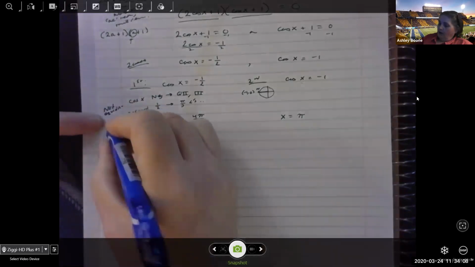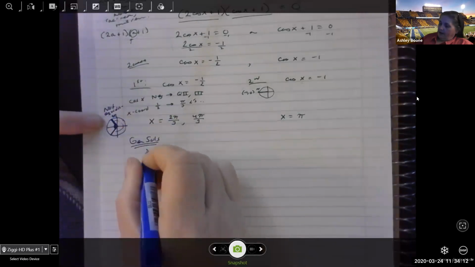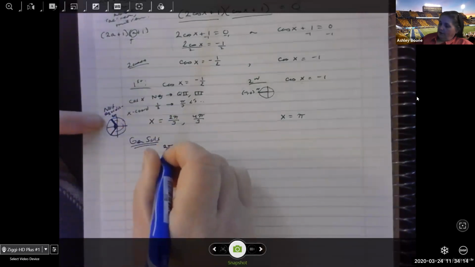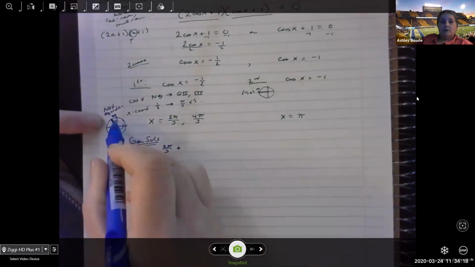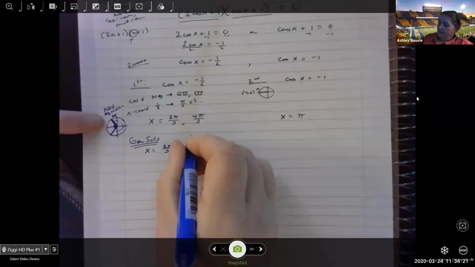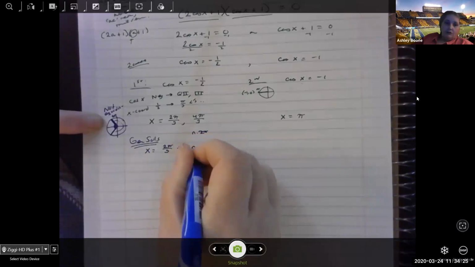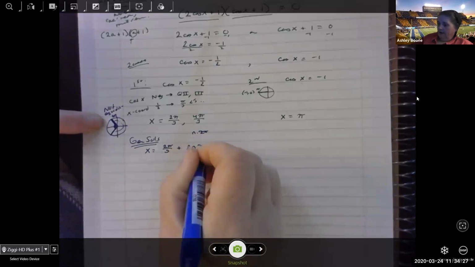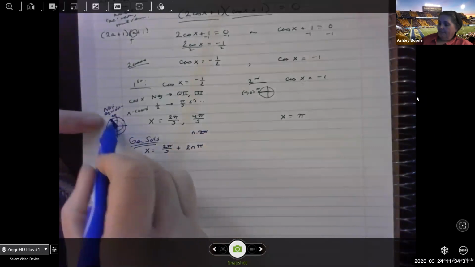I'm going to have the one for 2 pi over 3, so 2 pi over 3, and I can go up by any full revolution. That's a multiple of 2 pi. N times 2 pi or 2n pi or 2 pi n, however you want to write it there. That'll represent all the solutions for that one.